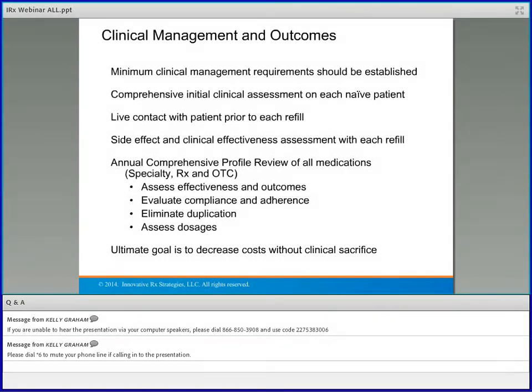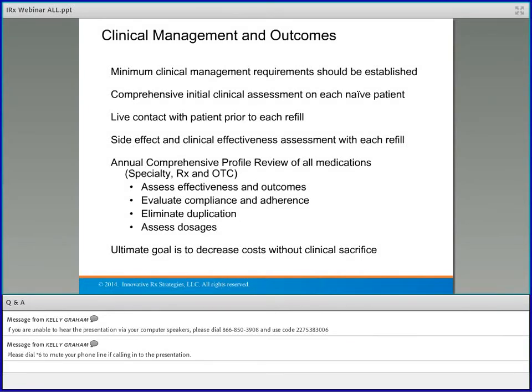From a clinical management and outcome perspective, right, there's a lot of things you want to try to do. I mean, we've talked a little bit about the management around these things. From a medication perspective, are they taking it appropriately? Is it working? Right? Are they really accomplishing what you're trying to do?